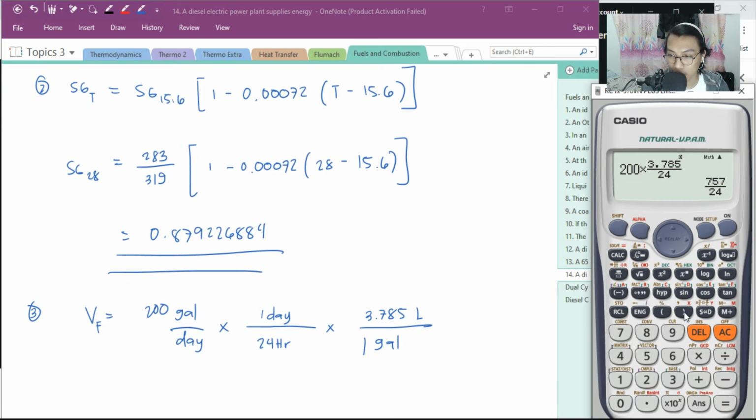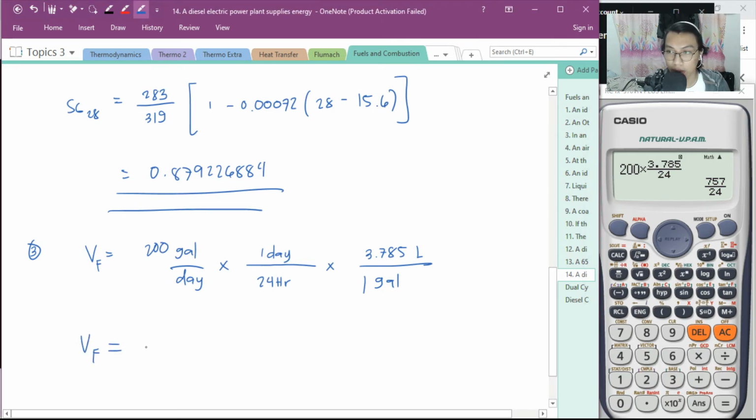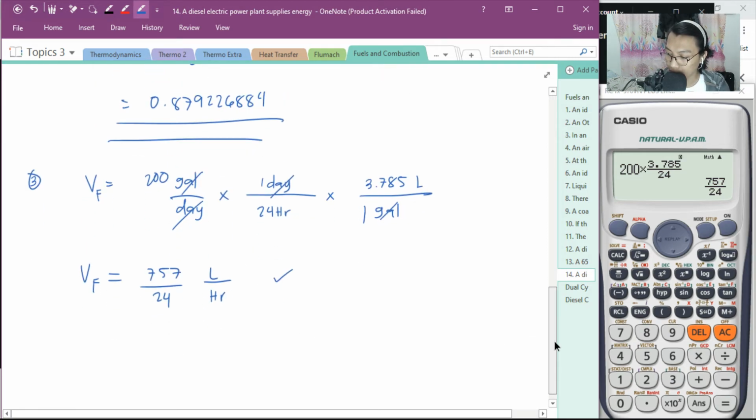The answer is, pwede na to. Huwag natin simplify para hindi tayo nag-round off. 757 over 24 liters per hour. Kasi cancel to, cancel yan and cancel yan. So, you have volume na there.